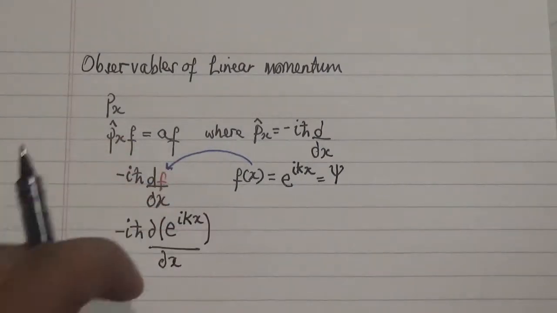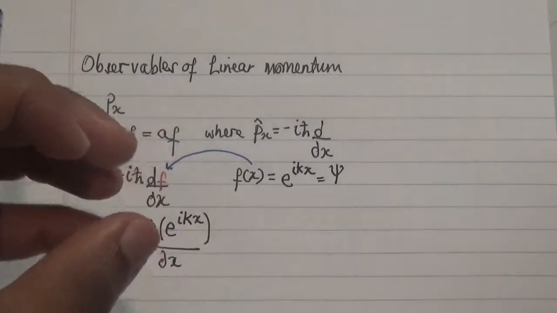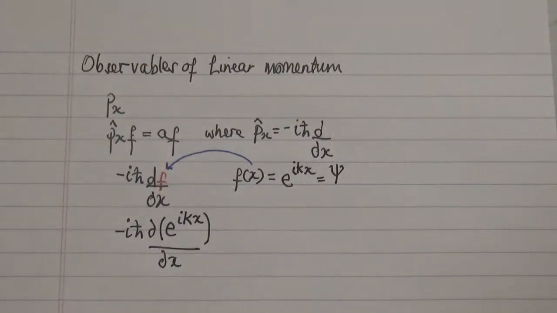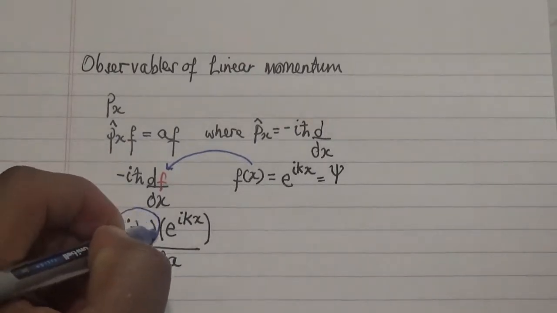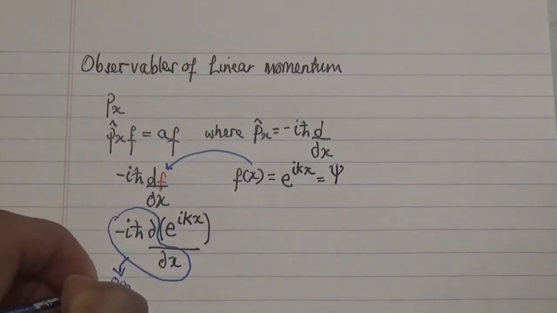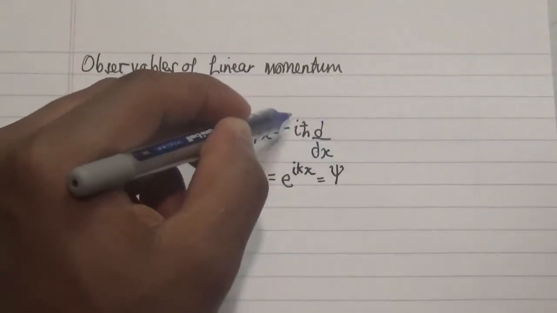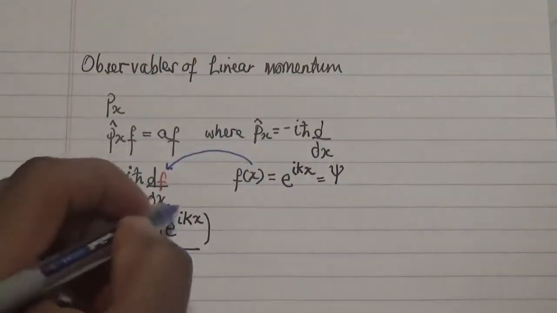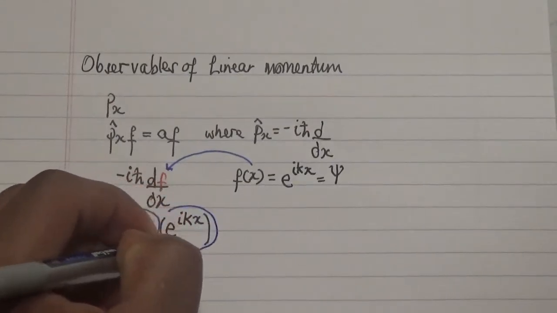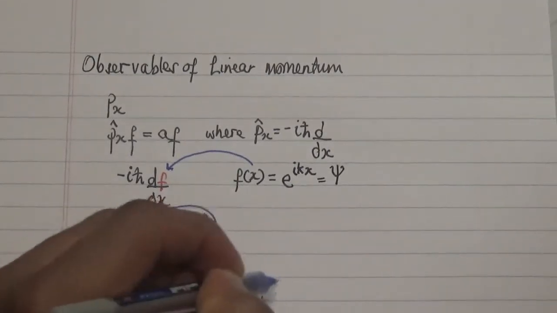Now let's look at this formula and see the part that is our operator and the part that is our function, and how we can manipulate our function to spit out our observable, which is A. In this case, this section of the expression is our operator, because our operator is the linear momentum, and it is being reproduced, while the other side is expected to be our eigenfunction.